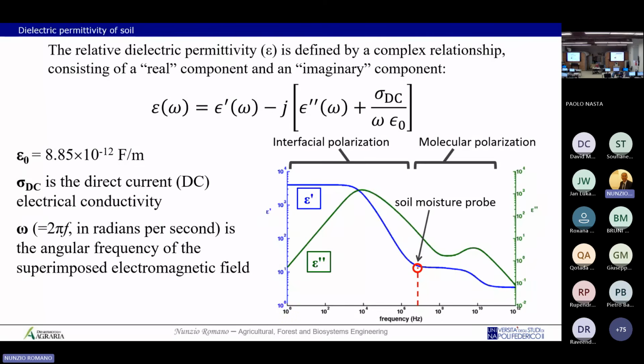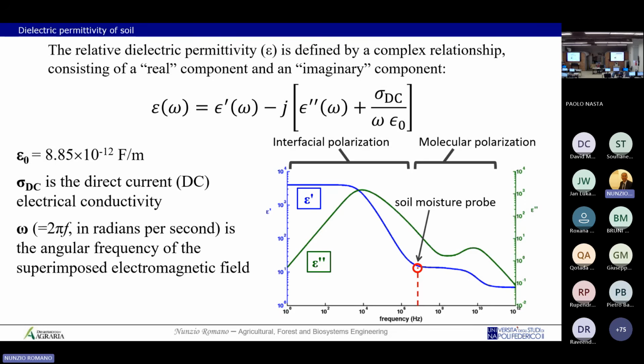Again, sorry for this, I don't think it's very tough, but it's important to go a little bit into the intimate meaning of the dielectric permittivity, because, as I will show you later, this is important to understand the differences between the different probes that the market proposes to you.